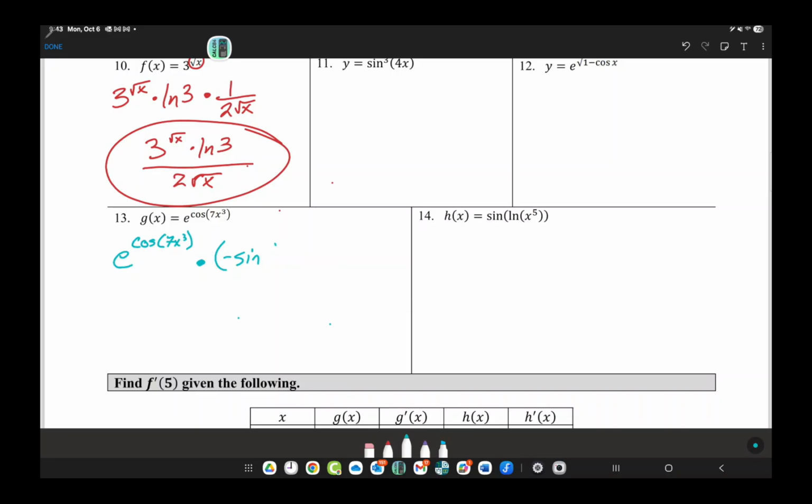Negative sine of 7x cubed times the derivative of 7x cubed, which is 21x squared. So, given that we have a negative 1 here and a 21x squared, that gives you negative 21x squared sine of 7x cubed times e to the cosine of 7x cubed.